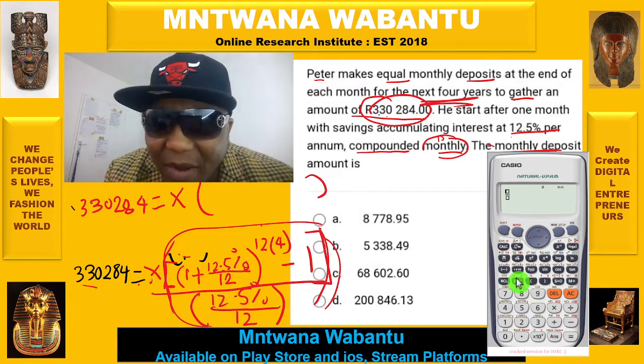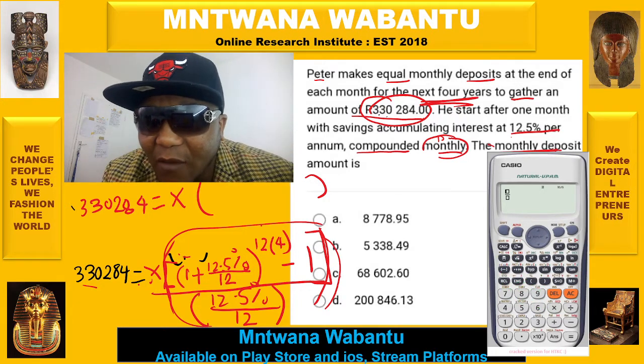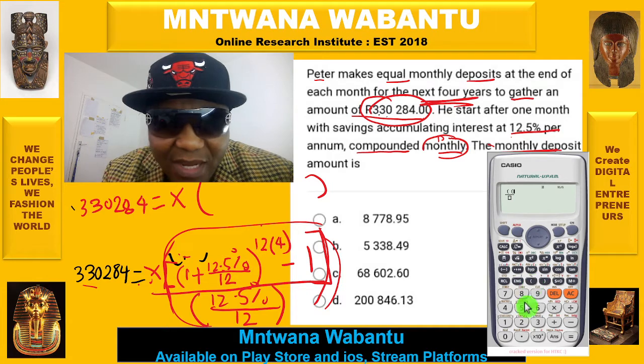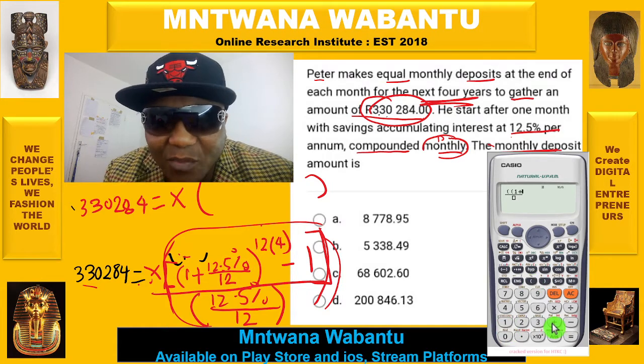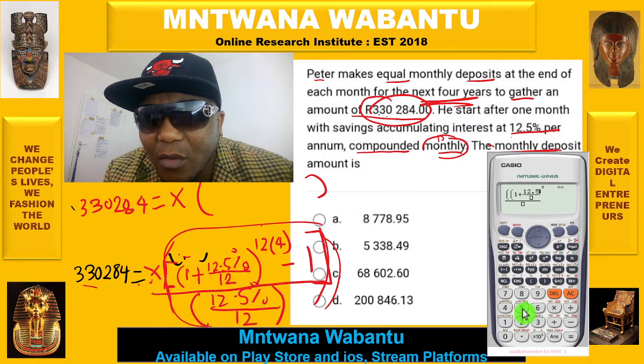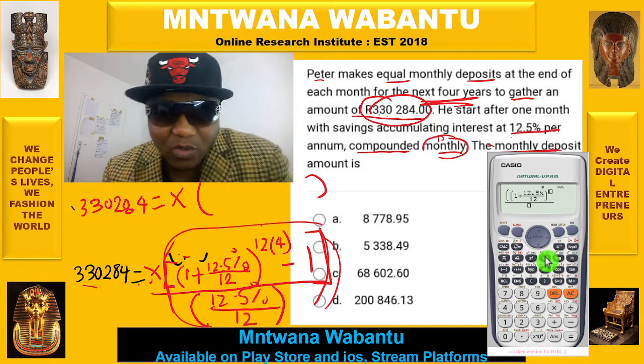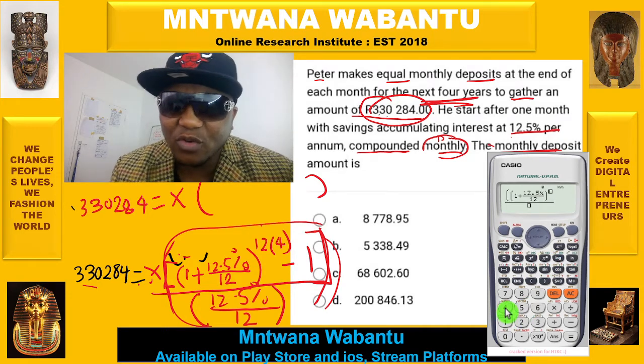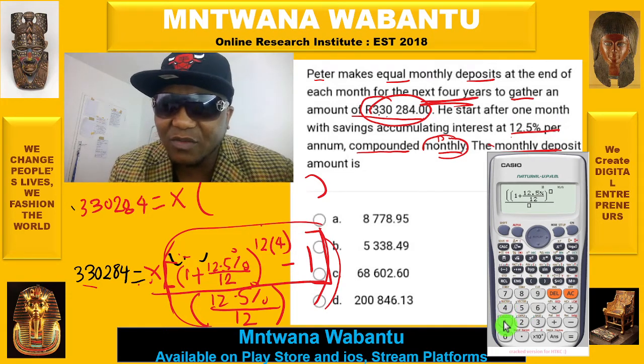How many brackets do I have? Two on top. First bracket, second bracket, and then 1 plus, and then fraction 12.5 percent over 12. Then close the bracket, power, we know it's going to be 12 times 4, which equals 48, or you can say 12 times 4 if you want.